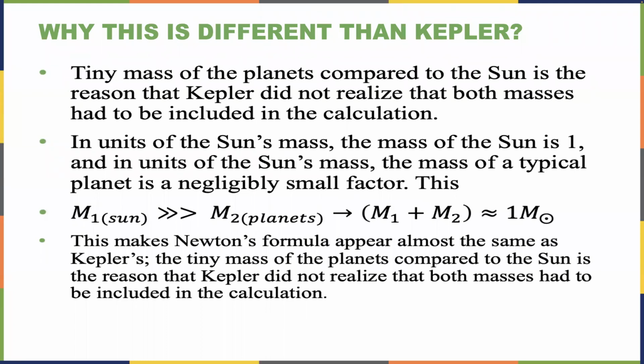Once Newton found his laws, based on them there is another Kepler's law called the modified Kepler's law. And we talked about how the modified Kepler's law is related to the Kepler's law that we previously derived.